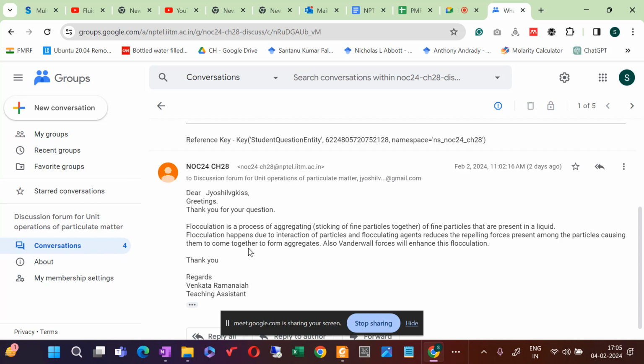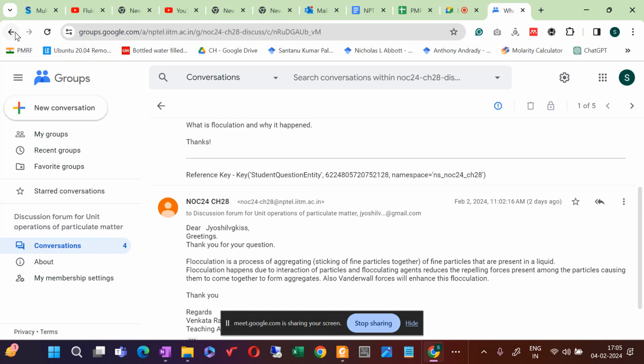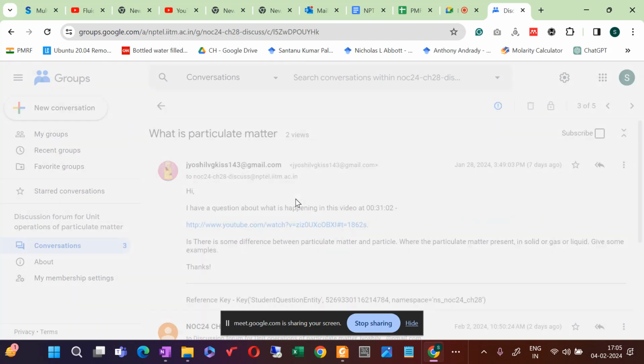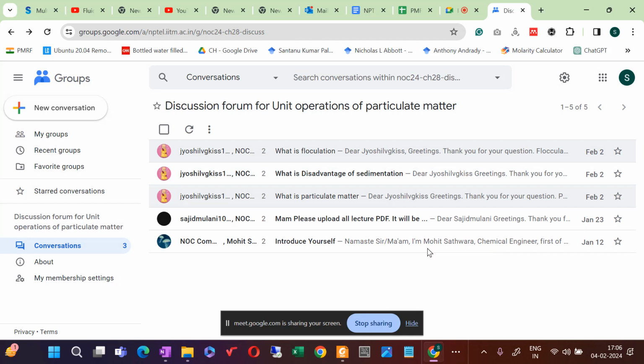In this way, the instructors are giving you answers. And then there is another question: what is particulate matter? The term particulate matter is general and denotes both tiny solid and fluid particles. Here we refer to them in both liquid and gas. More about this topic comes in the coming lectures: filtration, sedimentation, and fluidization. So this way you will get your doubts cleared.